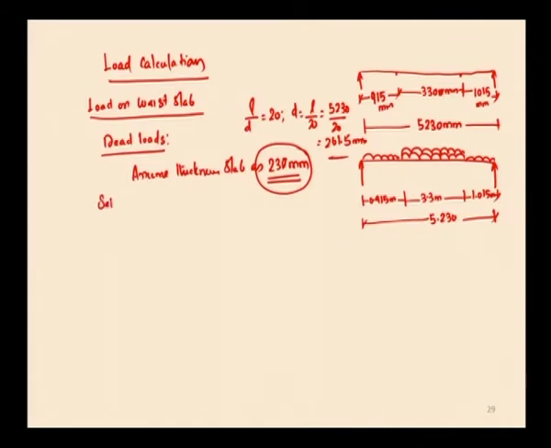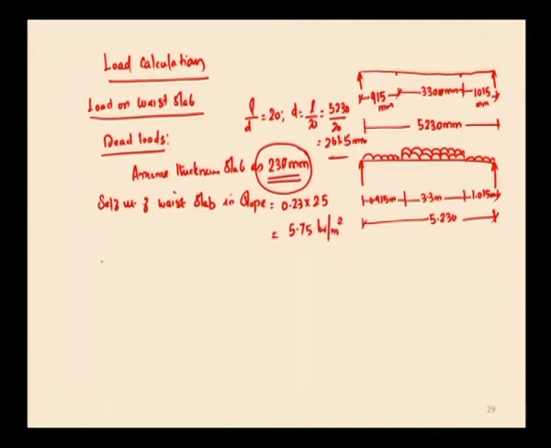So, self weight of base slab in slope, that is in slope formation, that is 0.23 into 25, that is equal to 5.75 kilonewton per meter square.